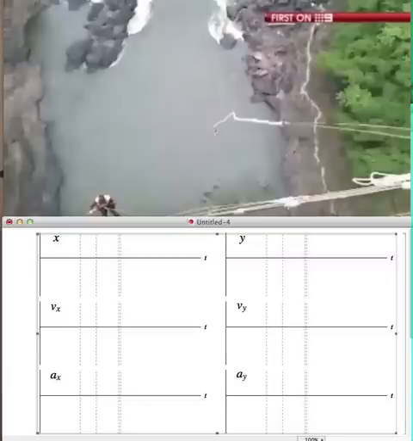I should have asked this question in the lab, but I didn't. First of all, in the vertical direction, I have 6 graphs here for the horizontal and the vertical direction. So when she started at time 0, she certainly was accelerating downwards.